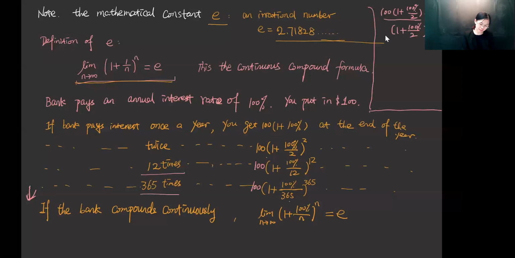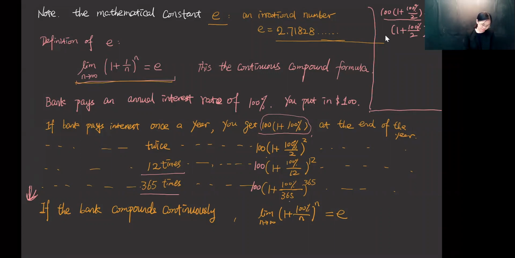You will see that the final amount of money that you have is bigger and bigger as the bank pays the interest more and more frequently. And you continue this process and ask the bank to pay you even more frequently, like every hour or every second or every millisecond.